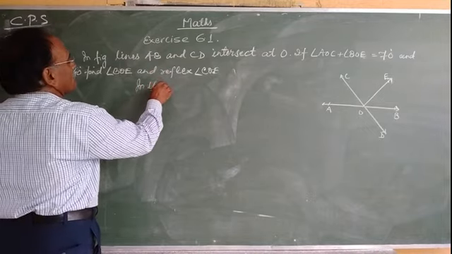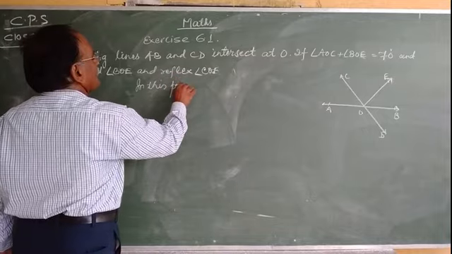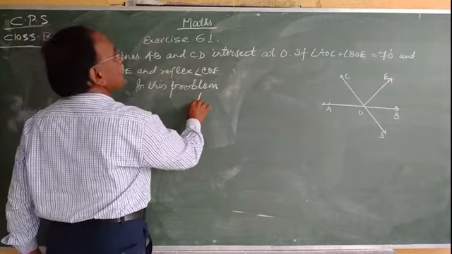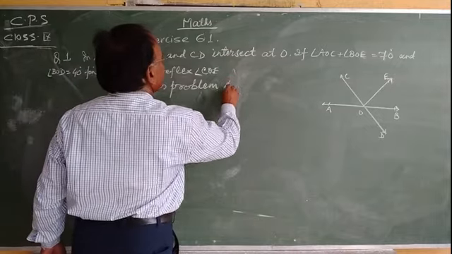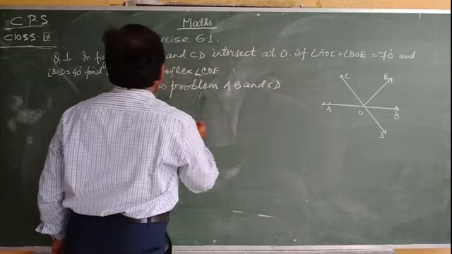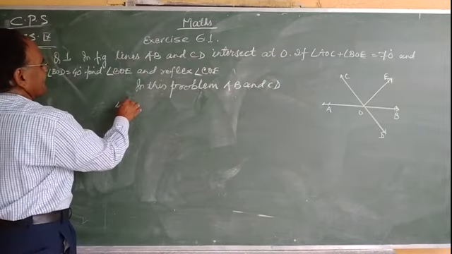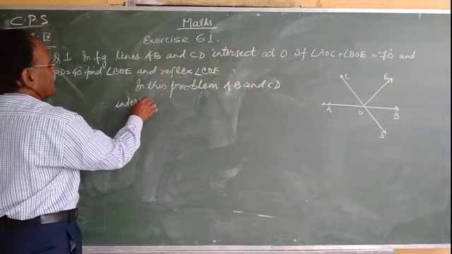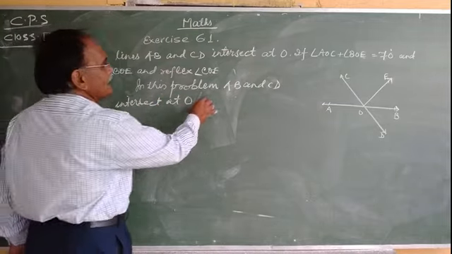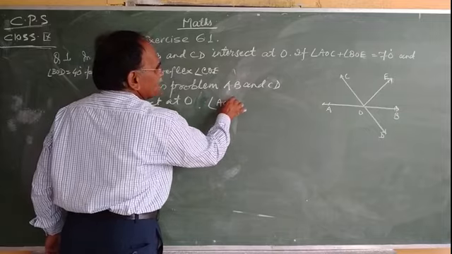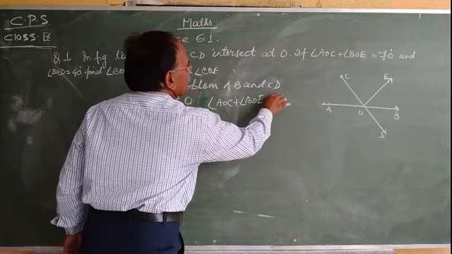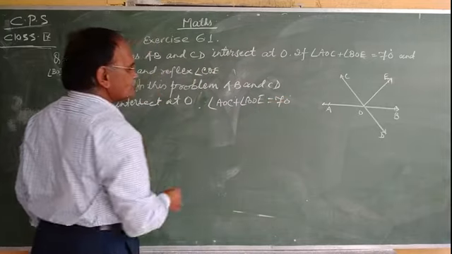In this problem, AB and CD intersect at O, and angle AOC plus angle BOE is equal to 70 degrees.